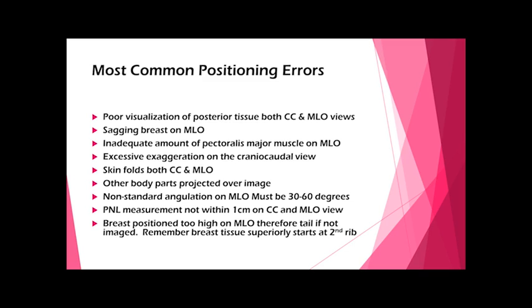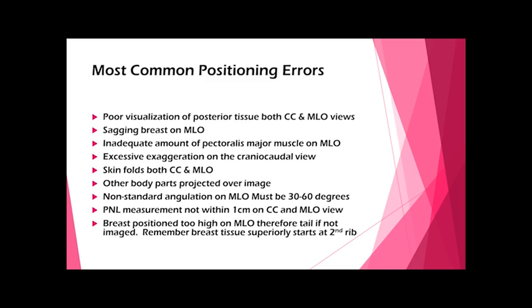Positioning is number one, then compression, exposure, sharpness, contrast, artifacts, labeling on the image, and then noise. These are all in order. And positioning has been the number one failure in the 8 categories probably the whole time in the history of MQSA.